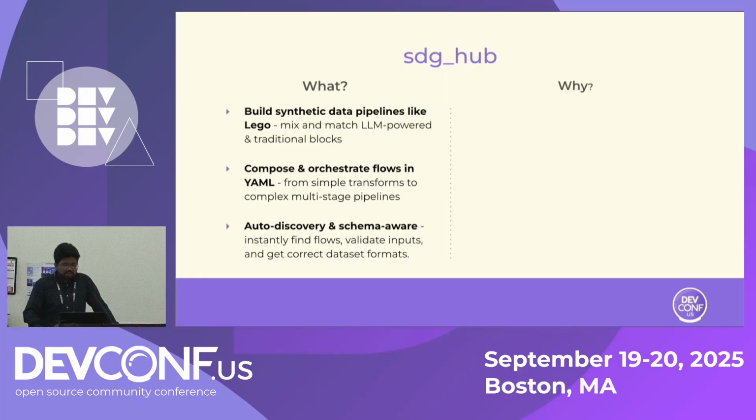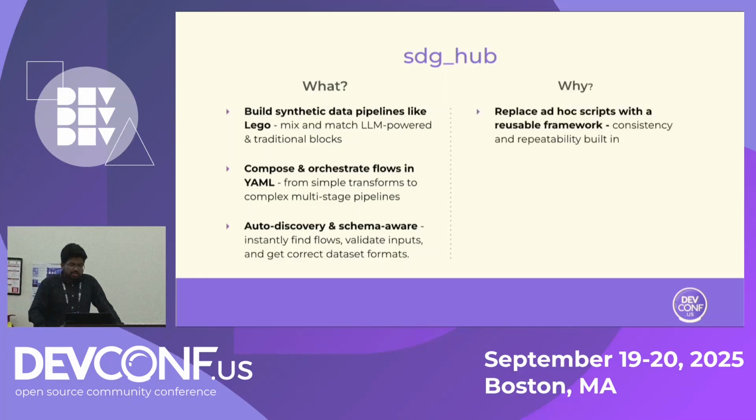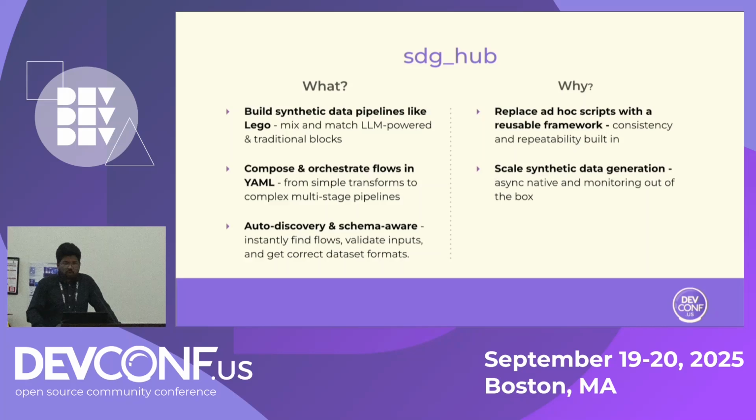And why should you use SDG Hub? We've tried to replace these one-off ad hoc scripts. We've also made it scalable. Any algorithm you implement in SDG Hub, just by implementation, is automatically scalable.